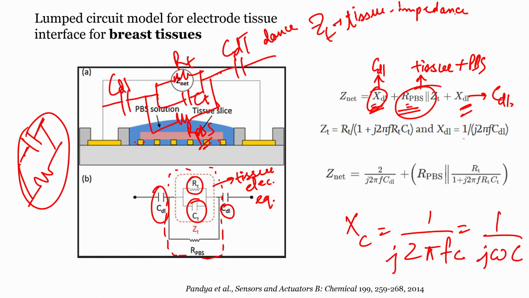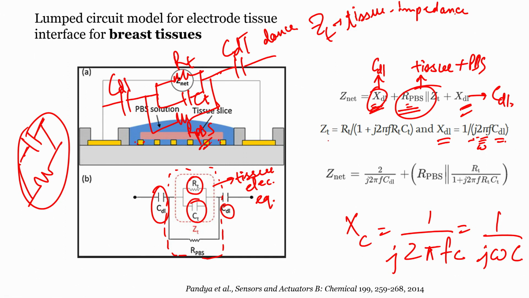In a similar way we can write here XDL is equal to 1 over j 2 pi f, which is omega, and CDL, which is the double layer capacitor, which again I am emphasizing is formed due to the electrode tissue interface.